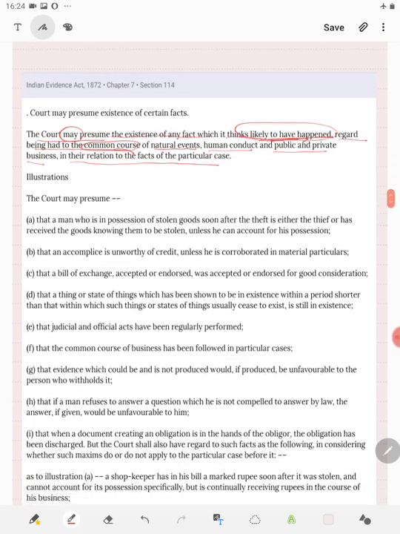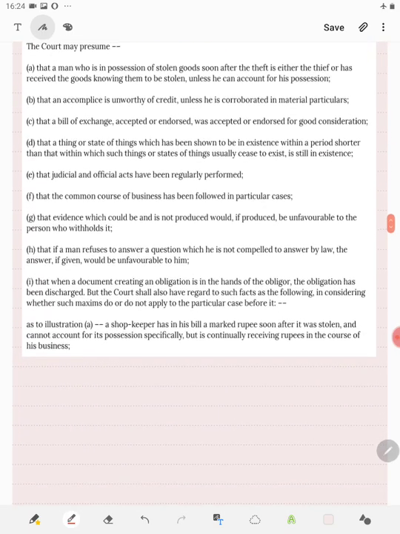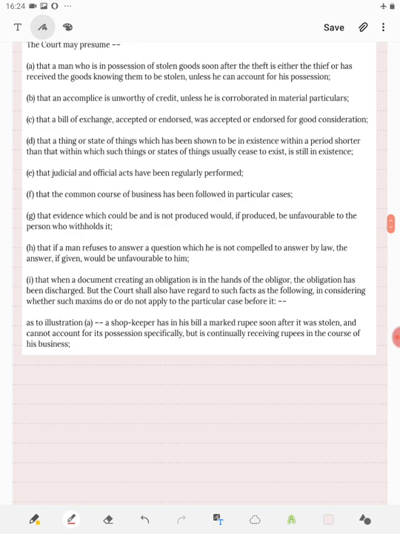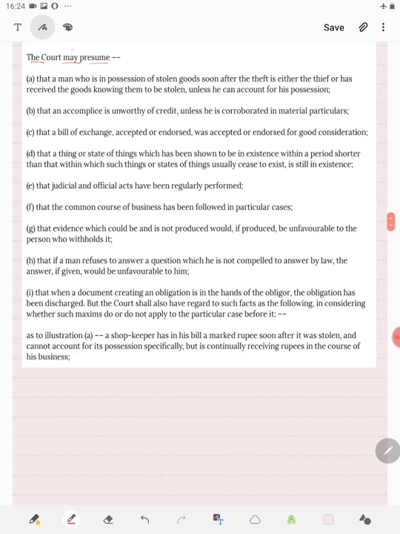Now, there are certain illustrations, and these illustrations are very important. The illustration says the court may presume, first, that a man who is in possession of stolen goods soon after the theft is either the thief or received the goods knowing them to be stolen, unless he can account for his possession.